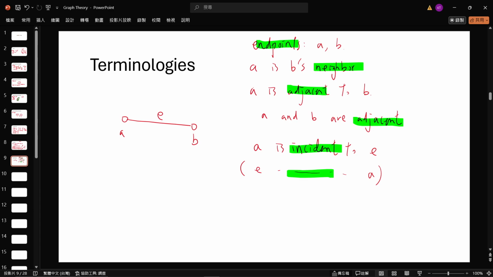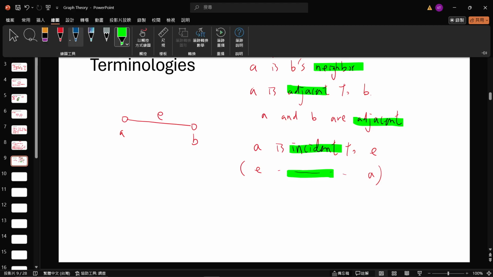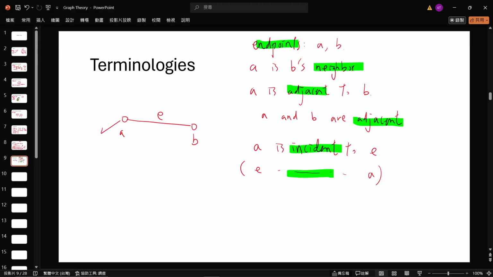These are keywords for this course. And sometimes I may refer to these vertices as nodes, and I may call these edges links.